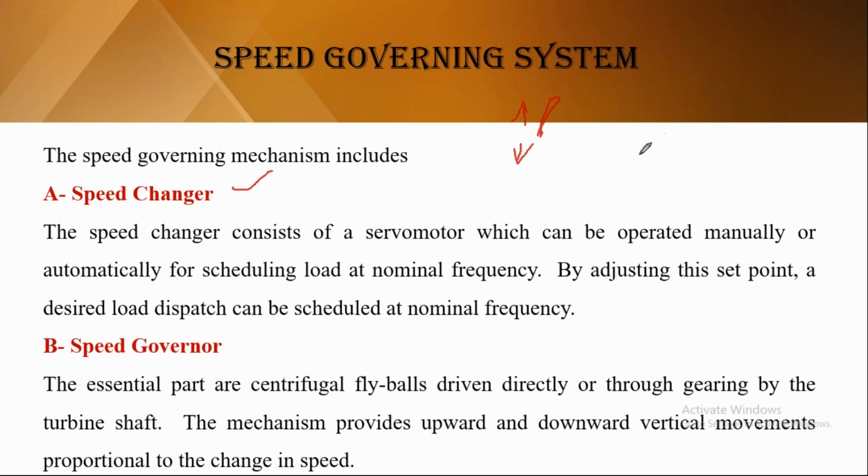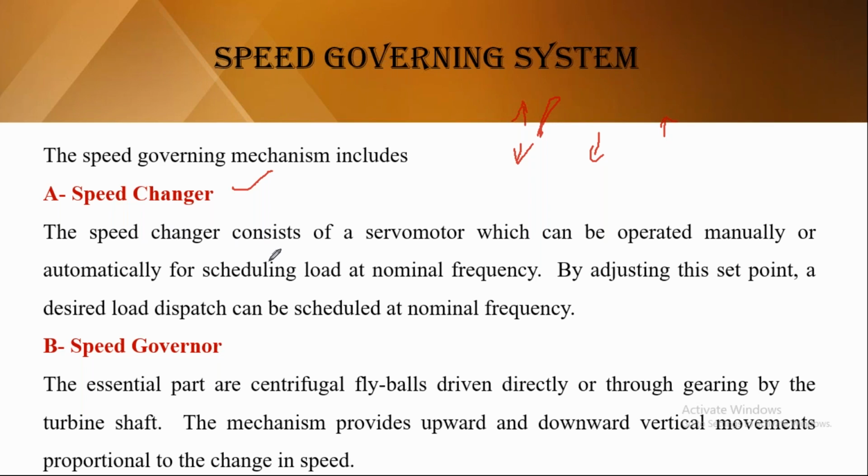If you want more power generation, then we have to bring the speed changer downwards. If you want less power generation, then we have to move it upwards. Here the speed changer consists of a servo motor, which can be operated manually or automatically for scheduling load at normal frequency.